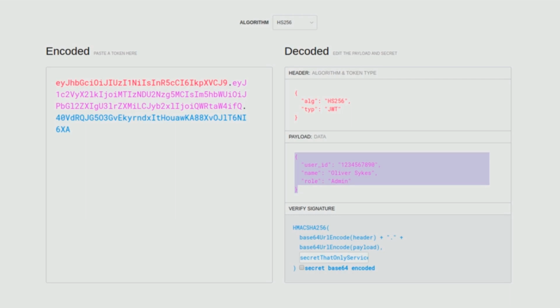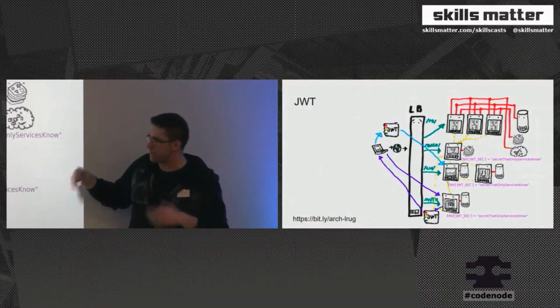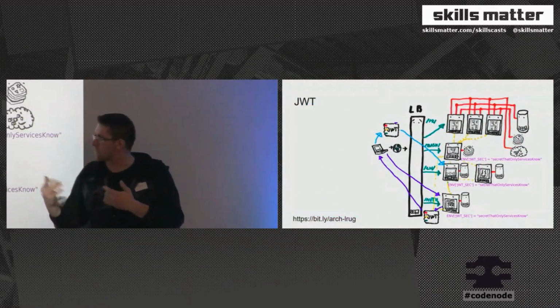So these three parts are then returned to the front end. So basically, the authentication service will return that to the front end, and the front end will then send this JWT token with every request to the microservices. All those microservices are aware of that secret, so they can easily verify whether he is telling the truth.